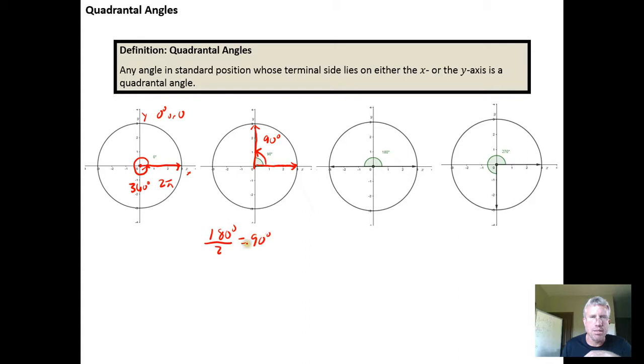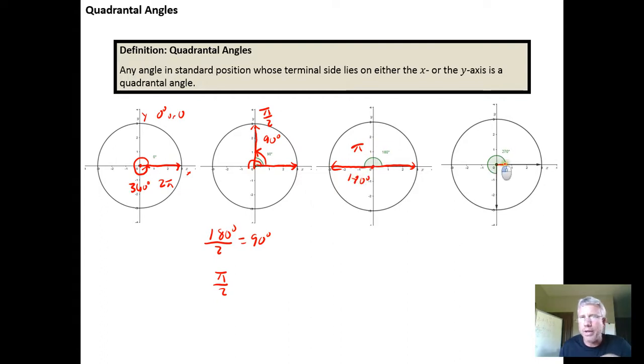In radian world, a full rotation of the upper half plane is pi, so we just divide it in 2. So a 90-degree angle is also a pi over 2 radian quadrantal angle. Here we have the quadrantal angle 180 degrees, which is also the quadrantal angle pi radians.